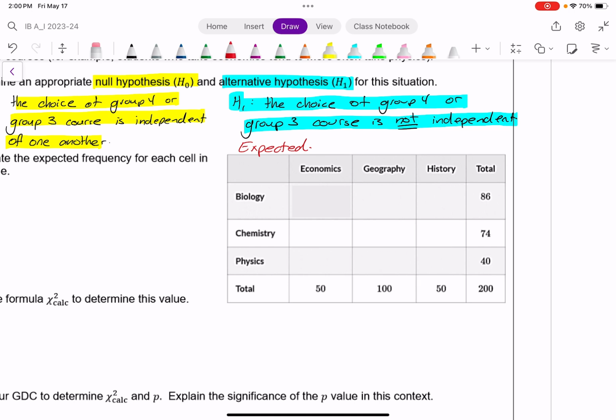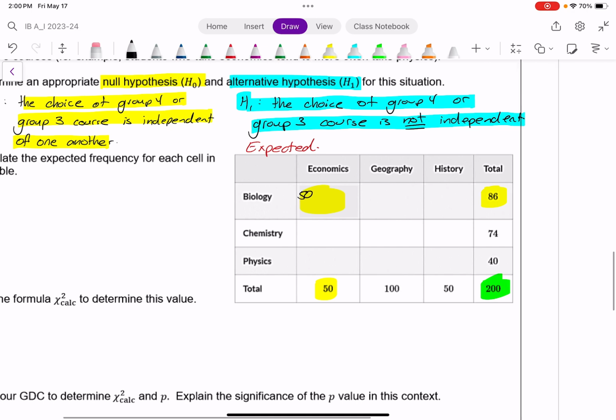For example, for the expected number of students who take economics and biology, we take the total number of students in the economics column times the total number of students in the biology column, and divide by the total number of students altogether. In this case, it would be 50 times 86 divided by 200, which leads us to 21.5.